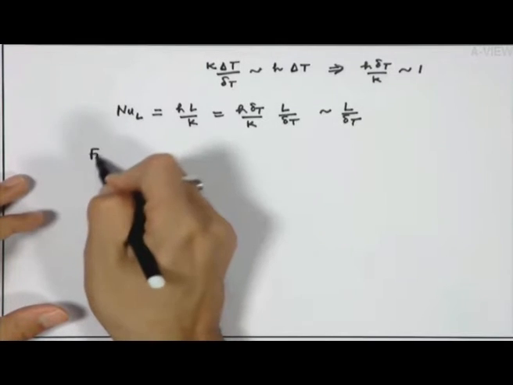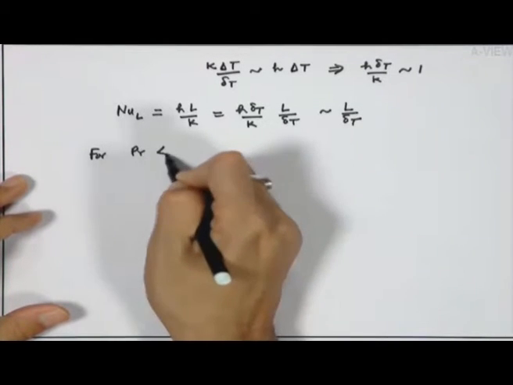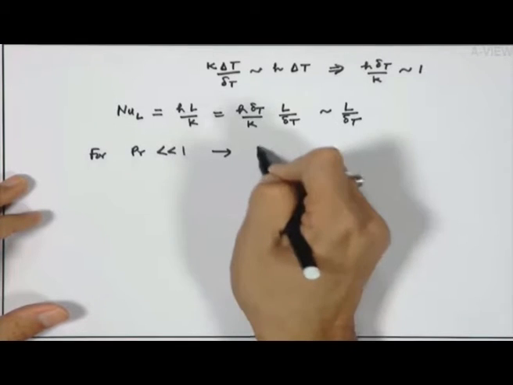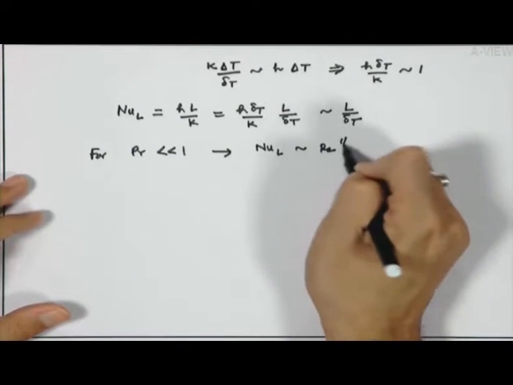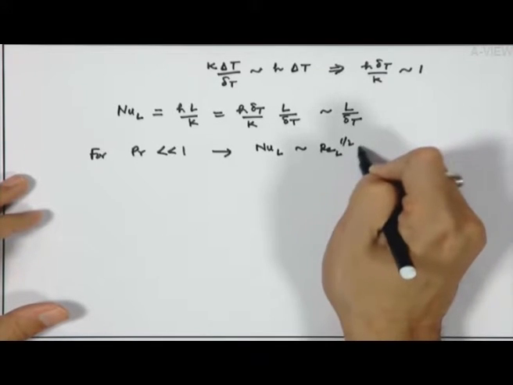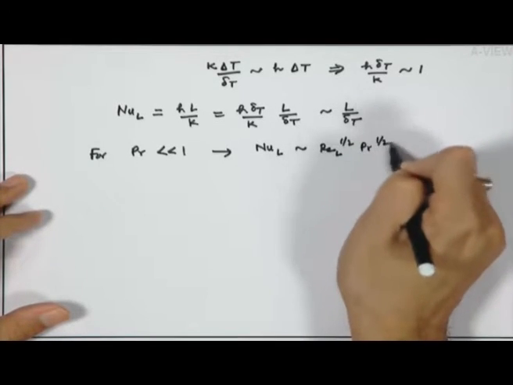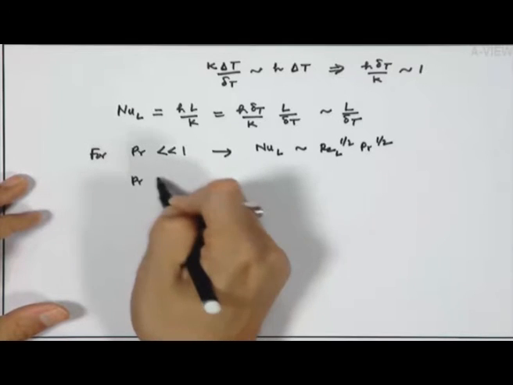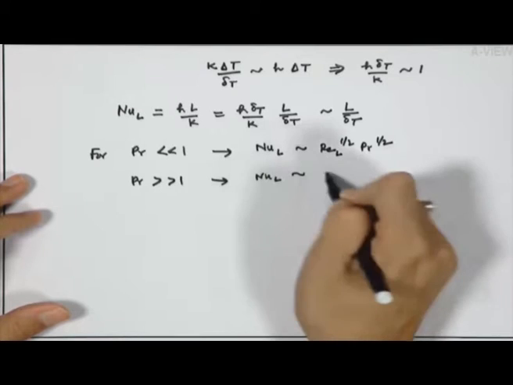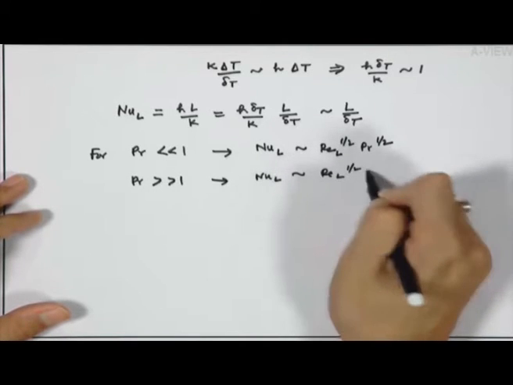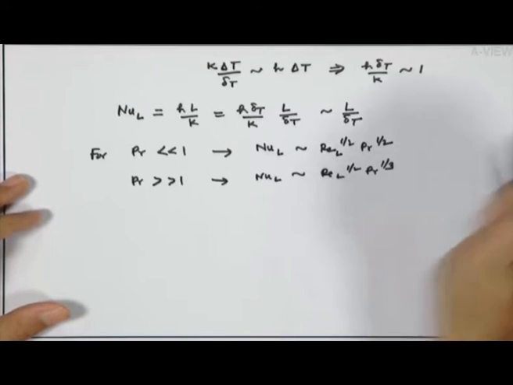So, for Prandtl number much less than 1, Nusselt number is of the order of Reynolds number to the power half into Prandtl number to the power half, and for Prandtl number much greater than 1, Nusselt number is of the order of Reynolds number to the power half into Prandtl number to the power 1/3.